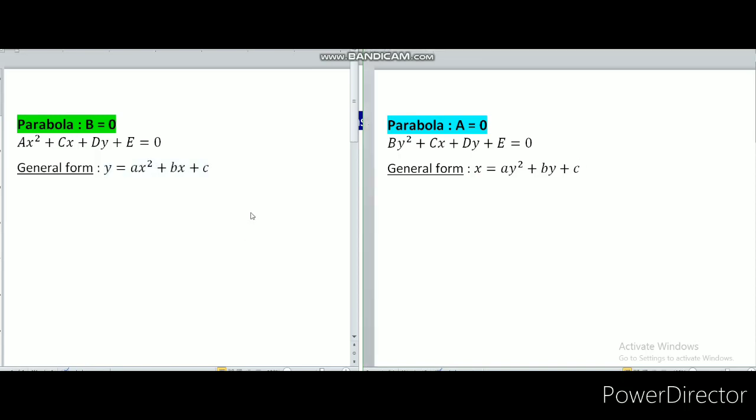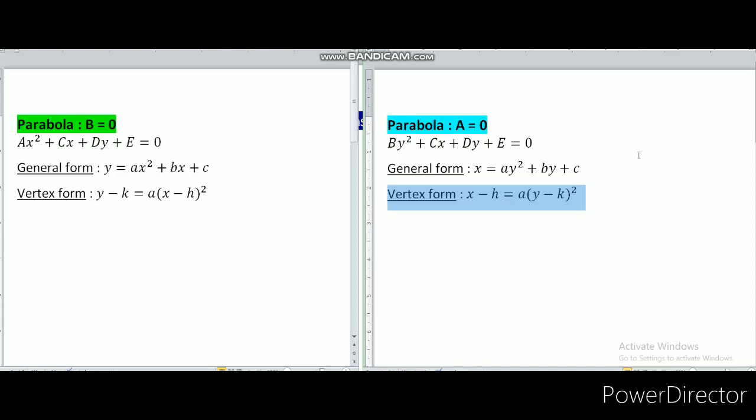And then let's talk about the vertex. If I convert this general form into a vertex form, we will have this kind of form, and you have already known that. So how about the right parabola? The right one will have this kind of vertex form.